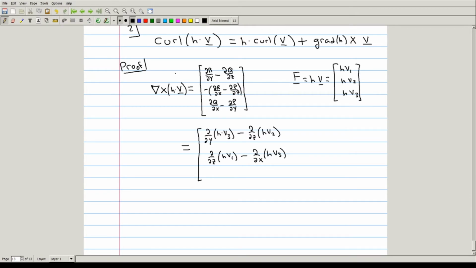And then lastly, it'll be the x partial derivative of Q, which is H times V2, minus the y partial derivative of P, which is H times V1.